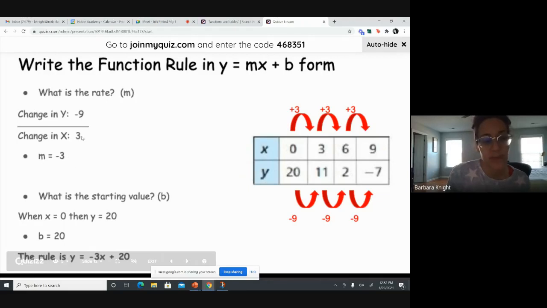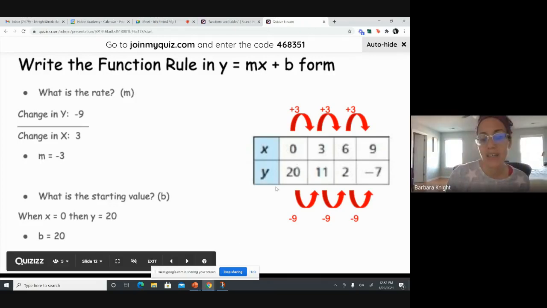And then what is our y-intercept? What's our b? 20. Very good, because all you have to do to get your b is find where x is 0 and figure out what the y is.